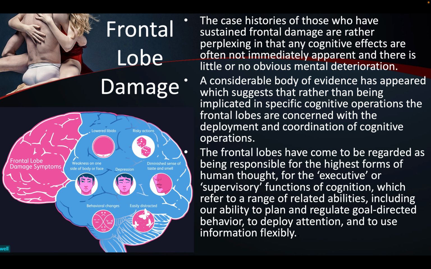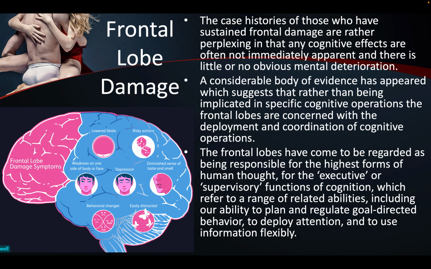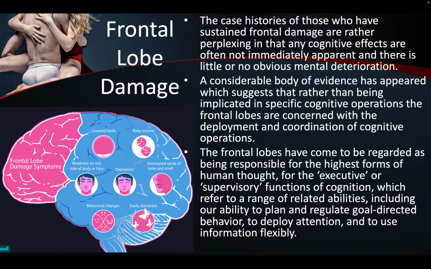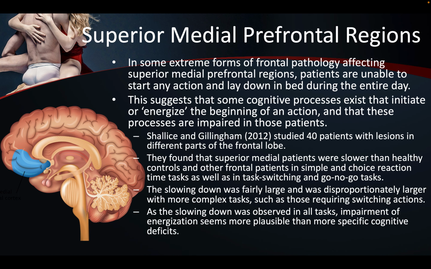The frontal lobes have come to be regarded as being responsible for the highest forms of human thought, for the executive or supervisory functions of cognition, which refer to a range of related abilities, including our ability to plan and regulate goal-directed behavior, to deploy attention, and to use information flexibly.